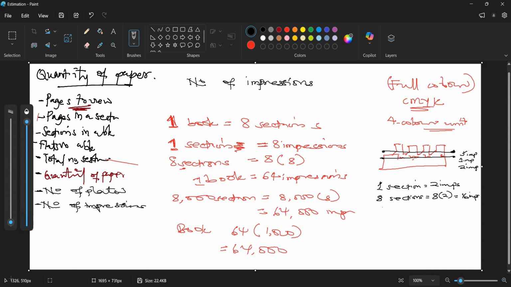impressions for one book. The total number of sections is 8,000 sections. As a result, we multiply the 8,000 by 2, and then we get 16,000 impressions. Are we okay?